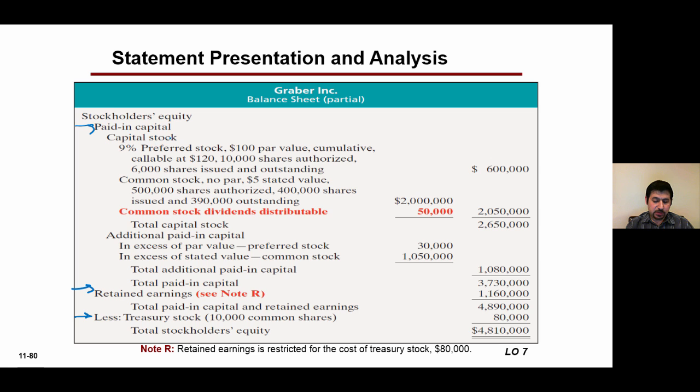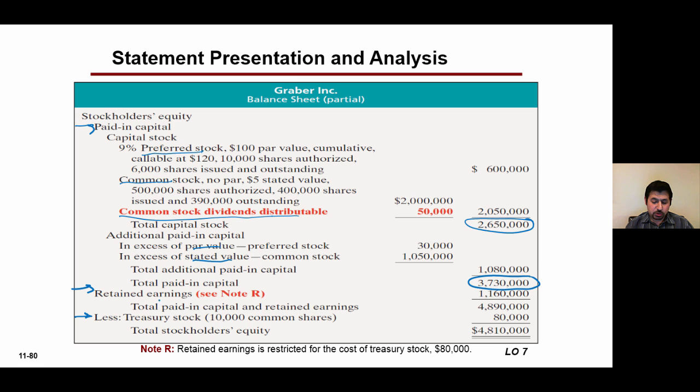We have capital stock, so we have preferred stock, we have common stock, we have common stock dividends distributable. That would give us the total capital stock. In addition to that, we have also additional paid-in capital. This is in excess of par value, in excess of stated value, etc. So the total paid-in capital is this amount here.